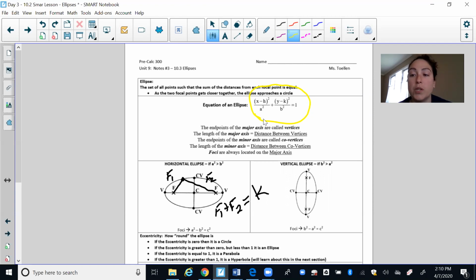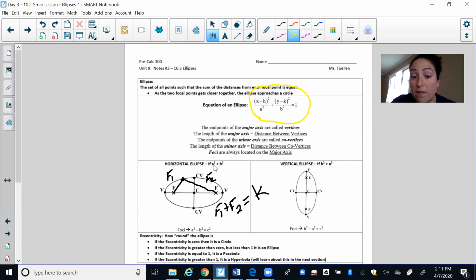So how do you know which one's the major axis and which one's the minor axis? Well, for an ellipse, the longer length is the major axis. The easiest way to remember that is with your a and your b.